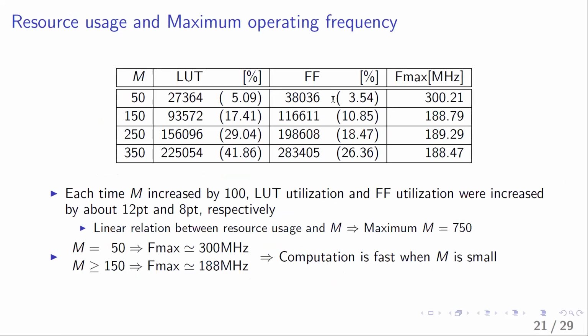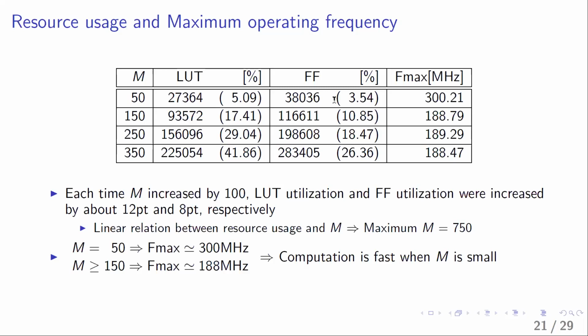These are the results of resource usage and maximum operating frequency. Each time M was increased by 100, LUT utilization and FF utilization increased by about 12 points and 8 points respectively. Assuming a linear relationship between resource usage and M, the target FPGA can implement the system up to M equals 750.